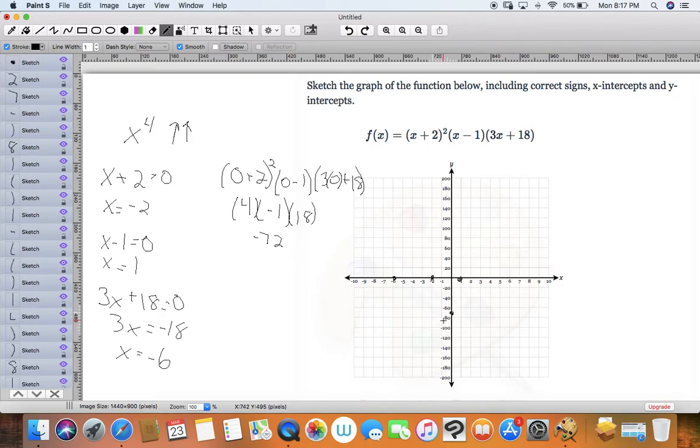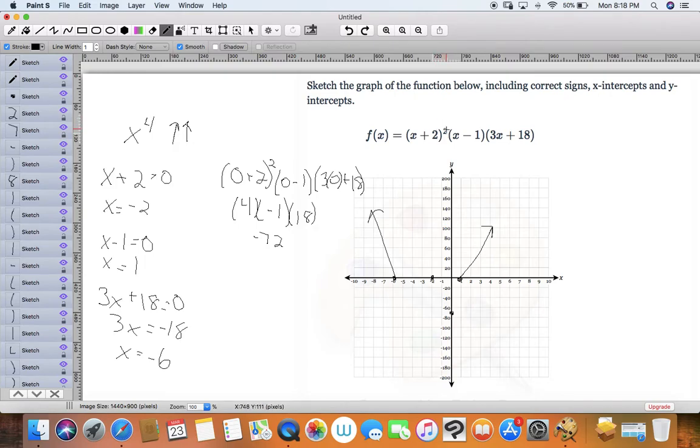Okay, so when we're connecting our dots, we already knew that it was going to be going up on both the left and the right side. So from our endpoints here, we're going up. And then it's a fun game of connect the dots. If you remember when we learned this at the beginning of the year, whenever we had something squared, it was a bounce, I called it.